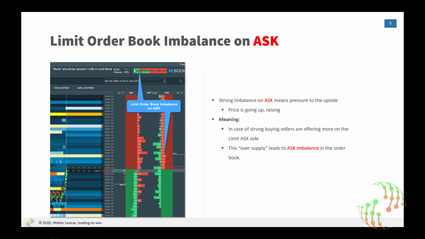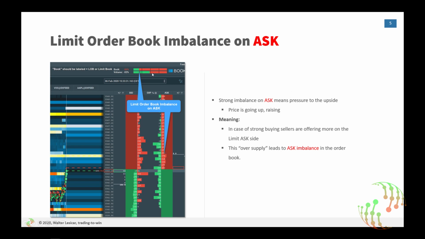You will more than once see the extremes in these highly volatile and thin markets. So you will see this red bar, for example, going to 100%, as well as the green bar going to 100% on that side. Keep in mind that this limit order book imbalance on ask means there's pressure on the offer side, on the ask side. This is a kind of oversupply, and that leads to the ask imbalance in the order book.